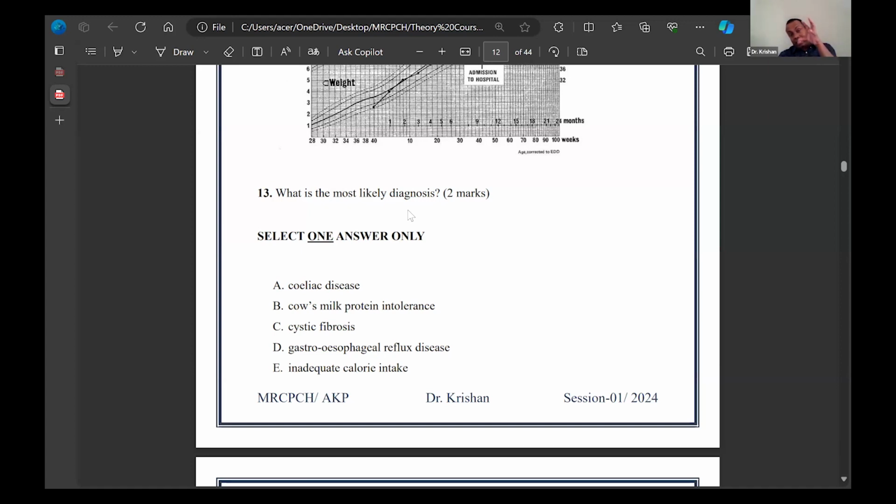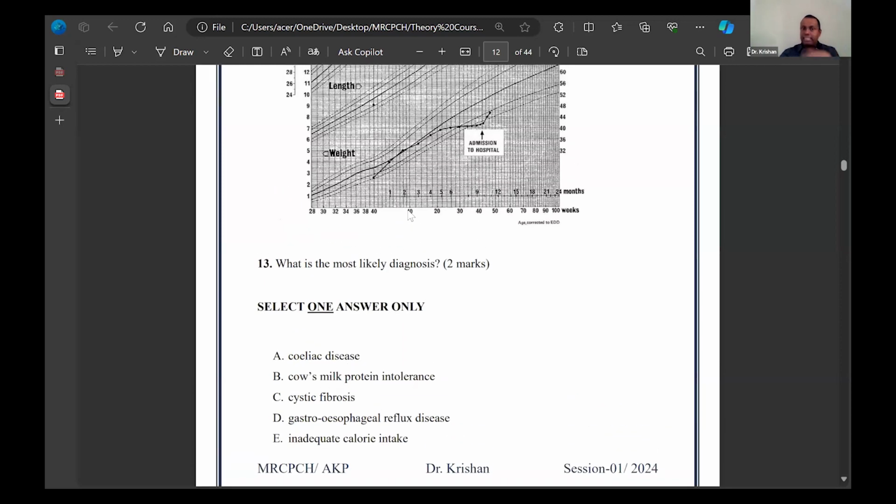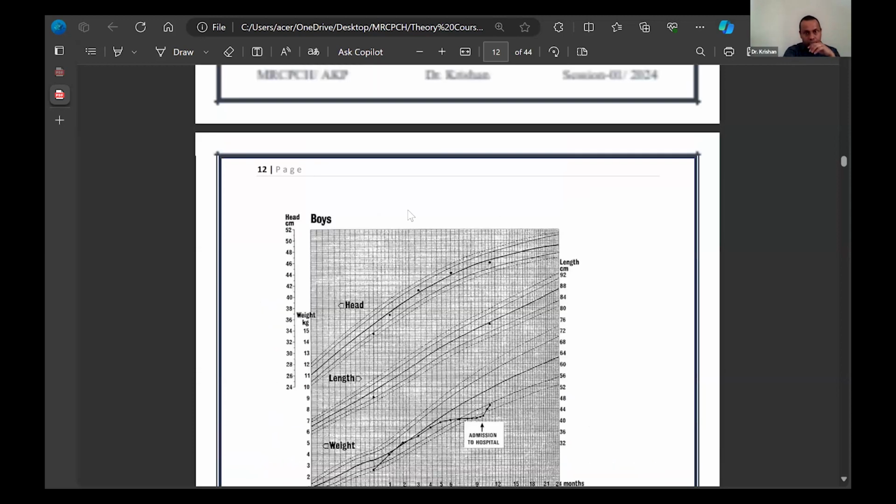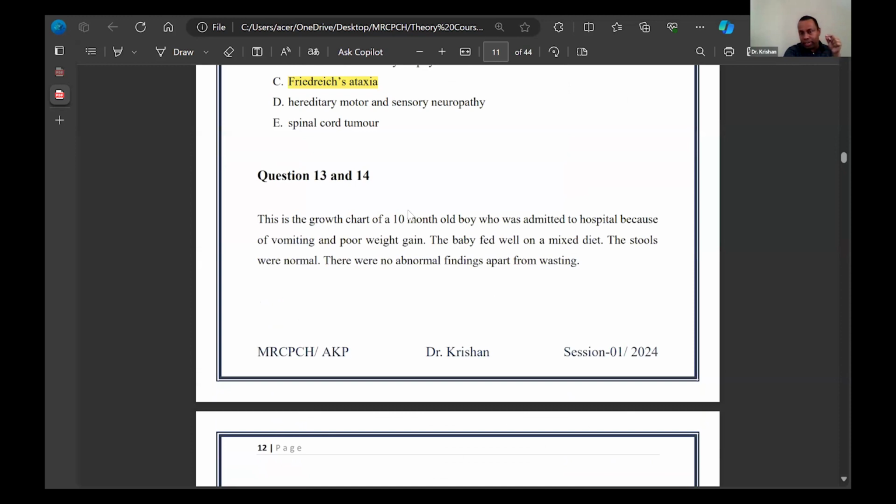Cow's milk protein intolerance, in that case, the child should be on a cow's milk free diet or extensively hydrolyzed formula. This baby has not been on any of those diets, still has started to gain weight, then that is unlikely. Cystic fibrosis, right? Here it says vomiting and poor weight gain.